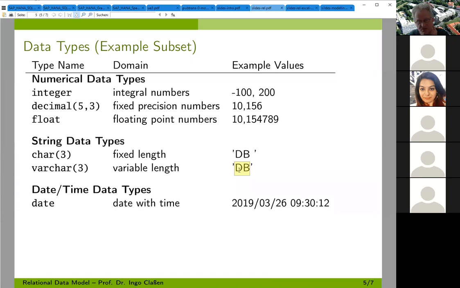But if I store the same sequence of letters db within a char3 record, then it would be filled in order to have that fixed length. It's up to the database system how it gets filled, and usually it gets filled with blanks or something like that. It also depends on the database system whether the filling appears at the end or at the beginning, so that is something that has to be figured out.